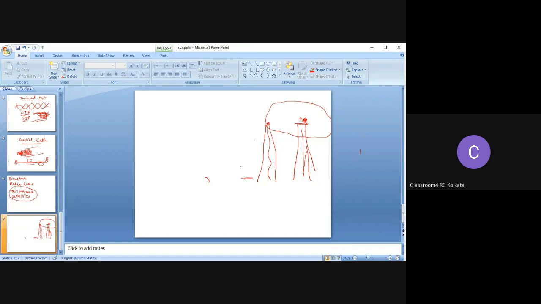Another tower. This tower accepts this signal, amplifies this signal, and transmits it again.